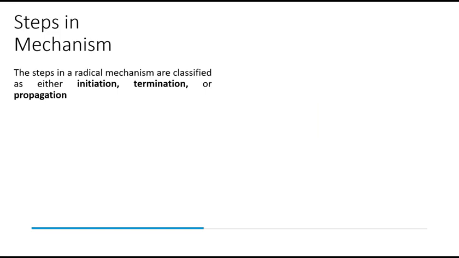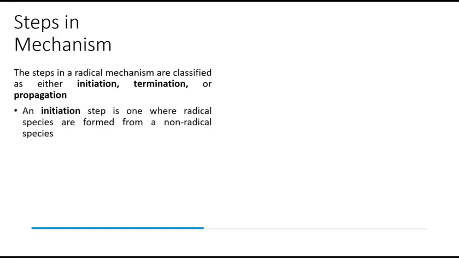Steps in mechanism. The steps in a radical mechanism are classified as either initiation, termination, or propagation. An initiation step is one where radical species are formed from a non-radical species. That means homolytic cleavage has occurred. We have a sigma bond, non-radical species here, that homolytically cleaves to form 2 radicals.